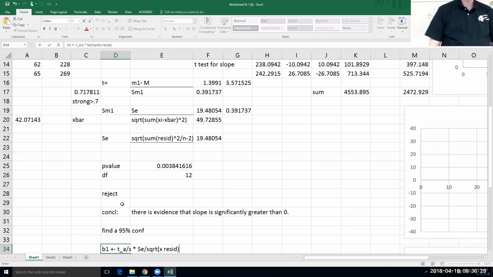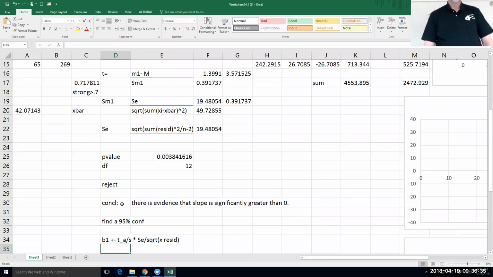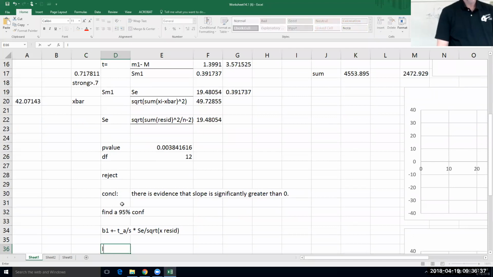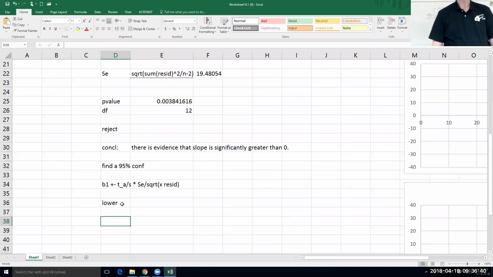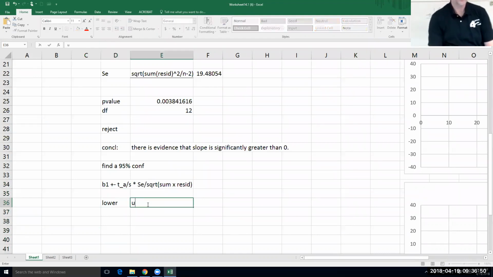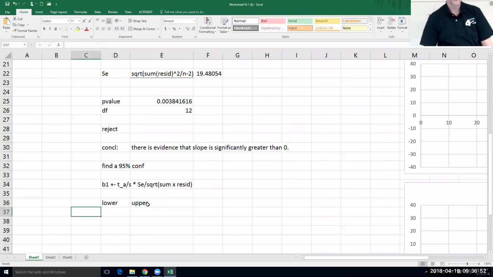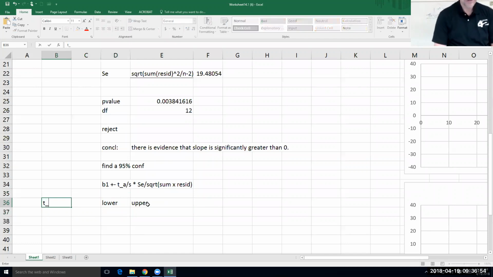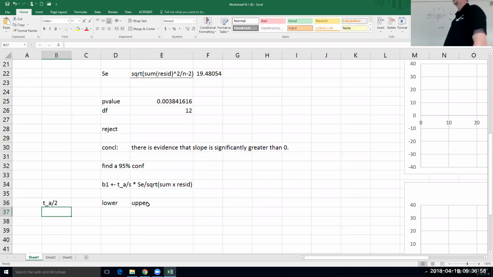That's not exactly what the formula says, but does that make sense to you? Yes, the sum of the x residuals. All those numbers I just found, I'm going to need again. So I need to find my t sub alpha over 2. How do I find that?